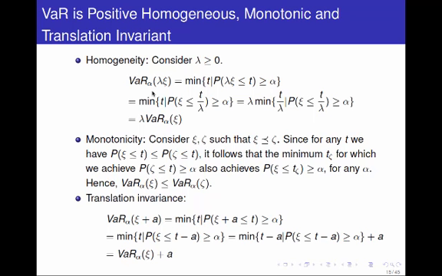And what the positive homogeneity property is saying is that the VaR of lambda psi is the VaR of psi moved back by a scale of lambda. That's all it's saying. So if you shrink the distribution, you move back by a scale of lambda.